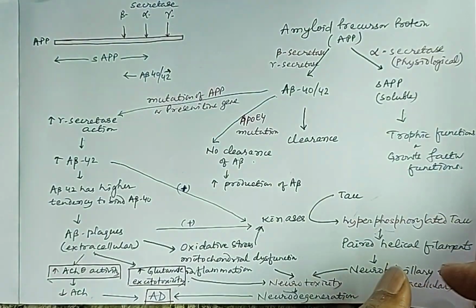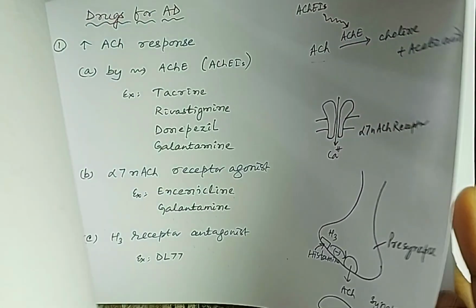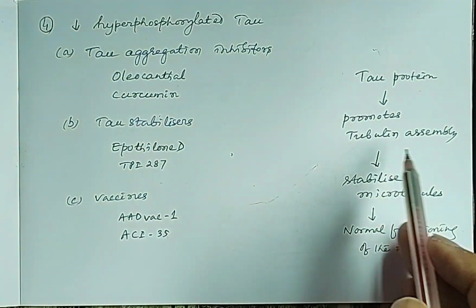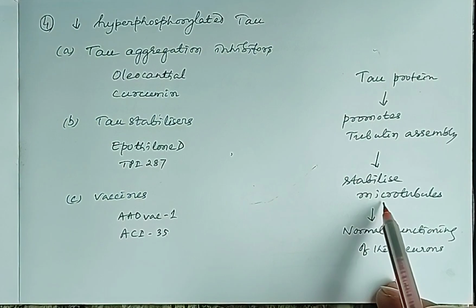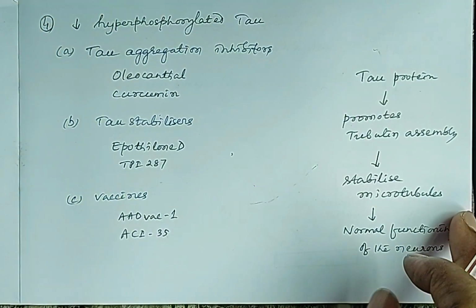Tau usually has regulatory functions in the neurons, and tau protein promotes the tubulin assembly, stabilizes microtubules, and maintains normal functioning of the neurons.